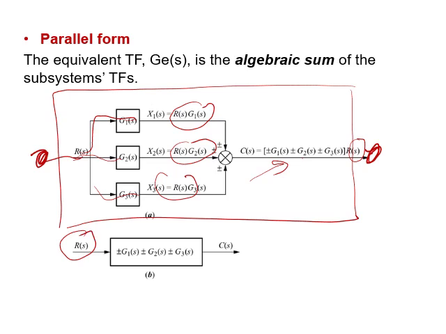R(s) is here. We put here G1 plus G2 plus G3. That means C(s) is equal to G1 plus G2 plus G3 into R(s), similar to this. So whenever we have blocks connected through signal to a summing junction, we can simplify them by finding the total of those blocks. We call this parallel.